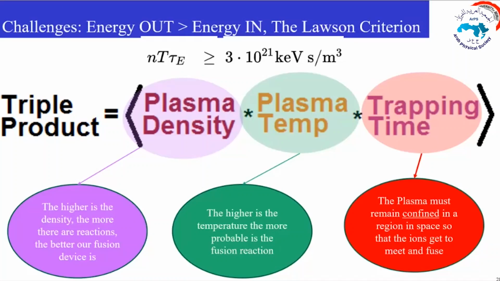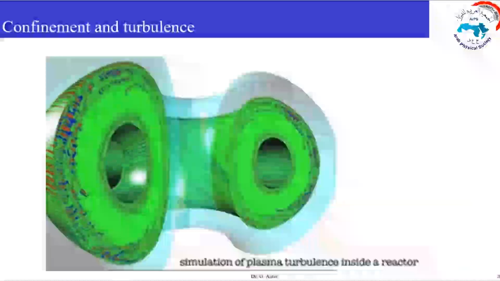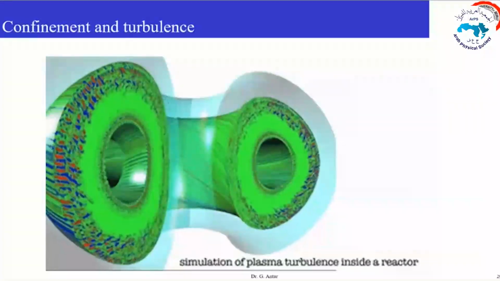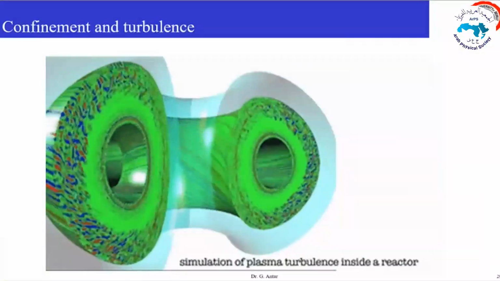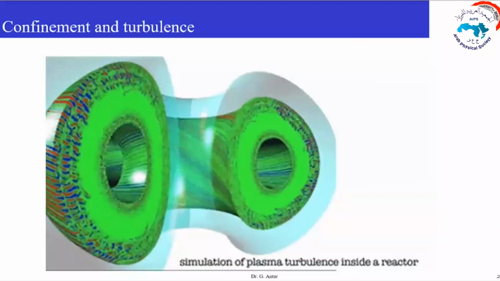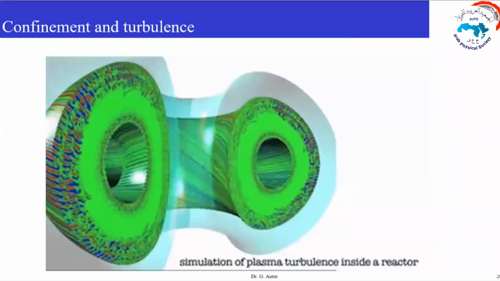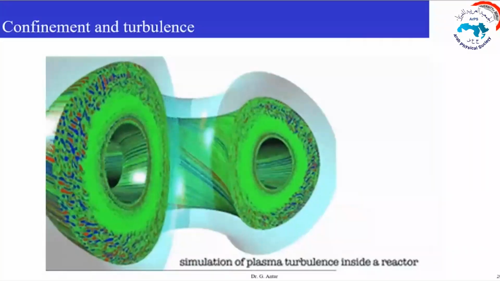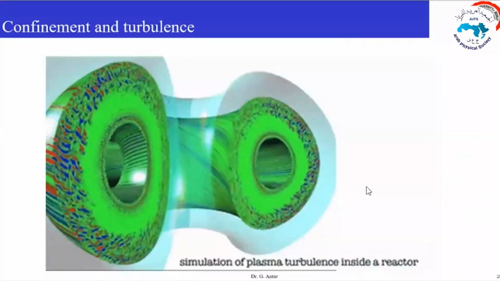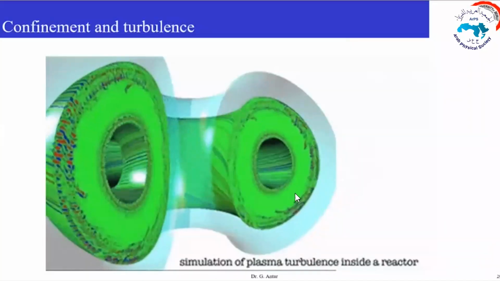Now, what determines this famous tau E is basically turbulence. And that's what Dr. Ali was referring to. This is what you see here. This is a simulation, and what you see is a contour plot of different perturbations that are growing, they are increasing.